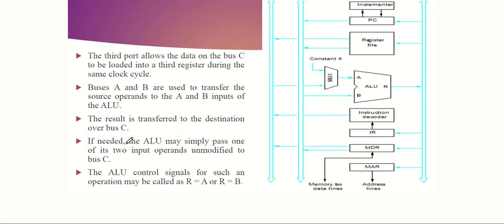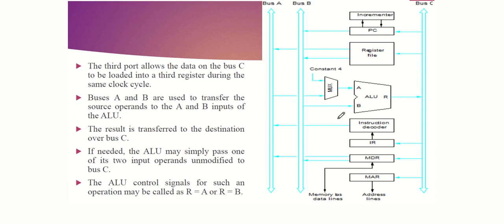The result is transferred to the destination over bus C. So when you finish the operation, unlike the previous one where the ALU cannot store, so you first have to store in Z and then use another cycle to move it back into the destination register, this one has a third bus which allows you to directly put the results in the destination register. So you have skipped that Z out, R in step.